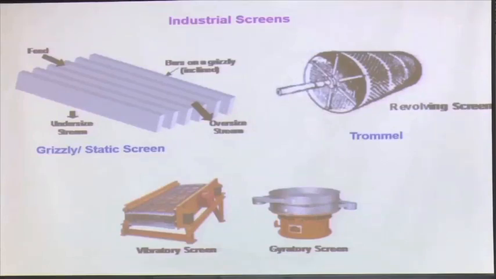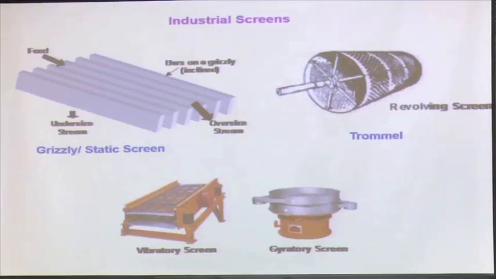What we use in between are screens. So, what do we do? After a crusher, if I put a screen, what will happen? Suppose my starting size is 100 millimeter, and I want the entire material to be broken down to below 10 millimeter, and for that I have selected a crusher.